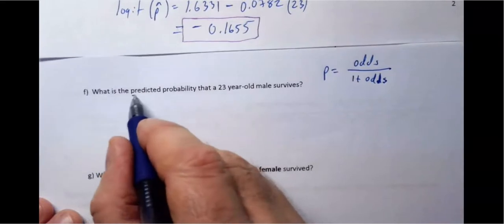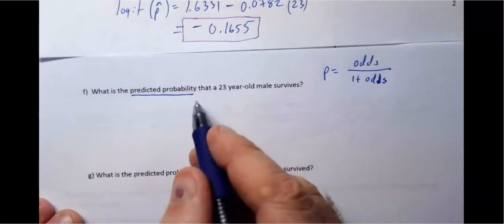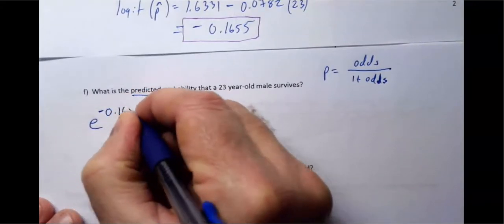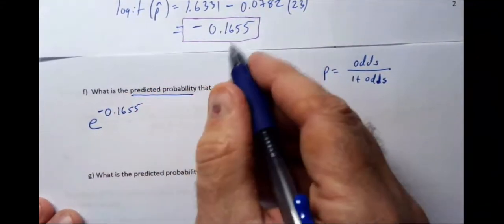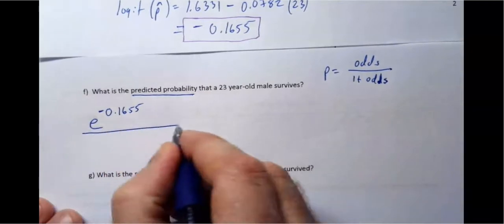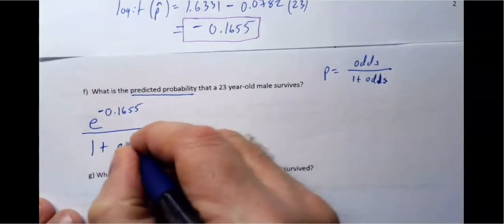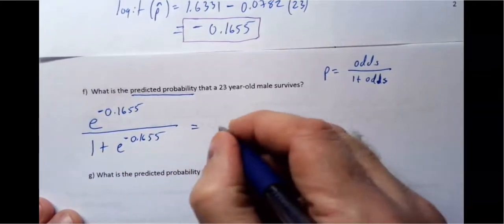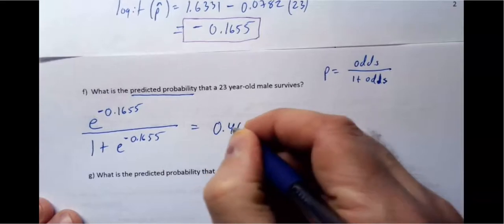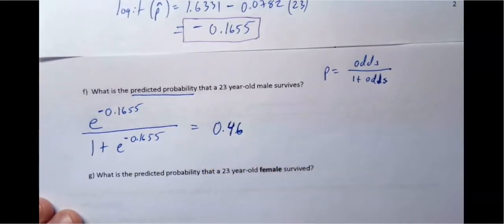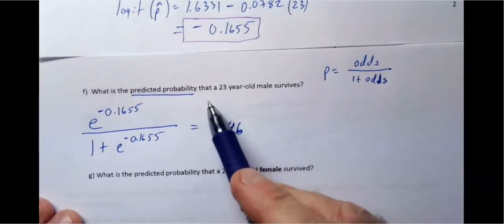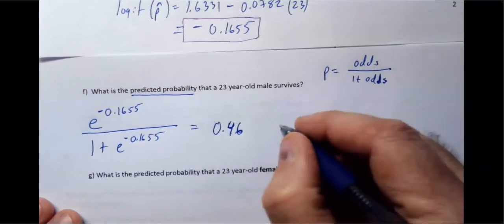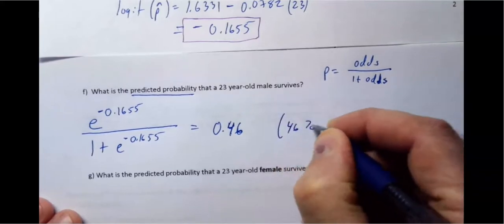So now we're going from the log odds scale to the probability scale. We can take e to the minus 0.1655, which would be the odds for a 23-year-old male to survive, divided by 1 plus e to the minus 0.1655. And if you calculate that, 0.46. So not great. Less than a 50% chance. The predicted probability that a 23-year-old male would survive would be about 46%.